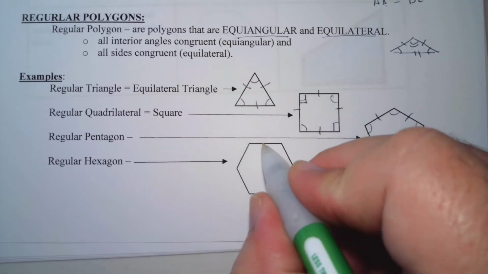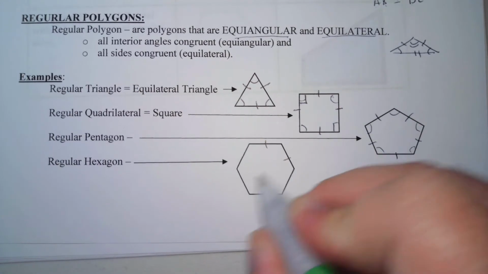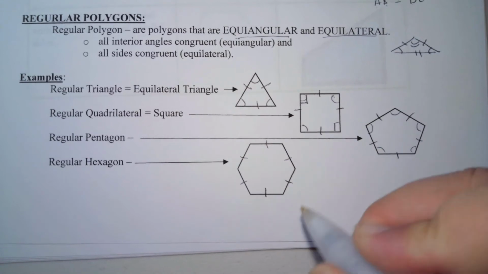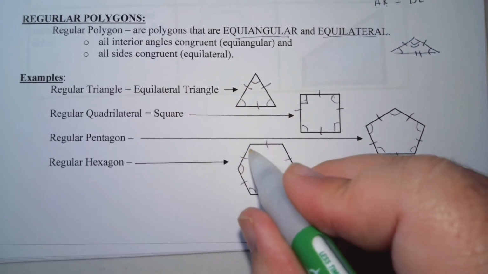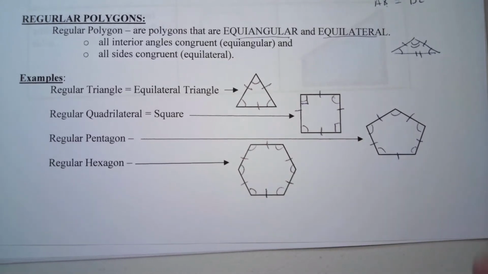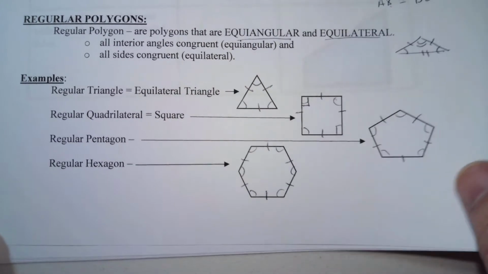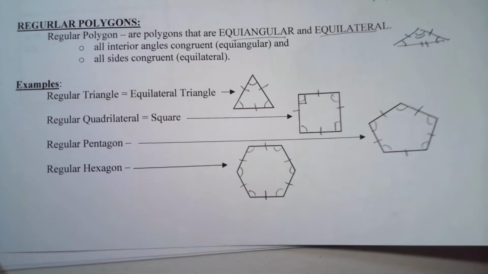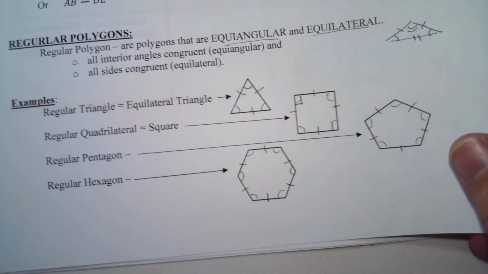Again, regular hexagon, all six sides are the same, all six angles at the vertices are the same. So whenever you hear the word regular, that means that all the sides and all the angles are equal.